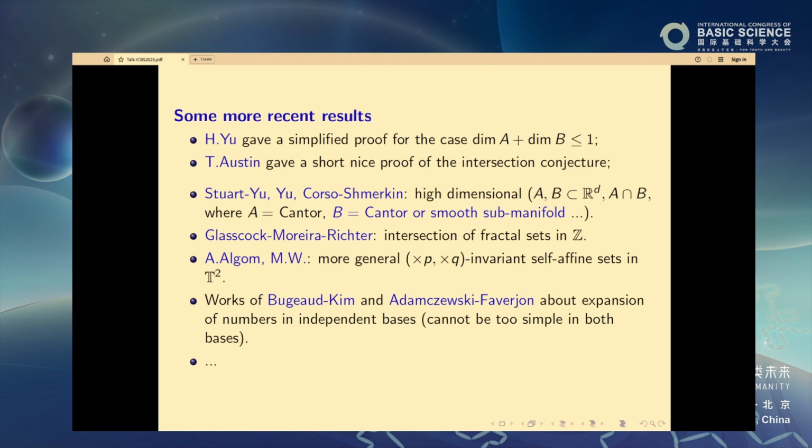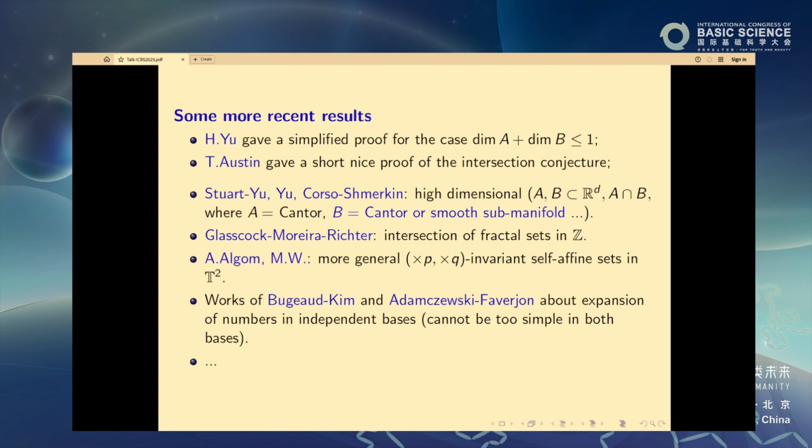This is in the case when the dimension of A plus B is less than 1. Then Tim Austin also gave a very nice and short proof, using the original approach of Fürstenberg but cooking up some entropy technique. Another important direction is to try to generalize these things to higher dimensions.